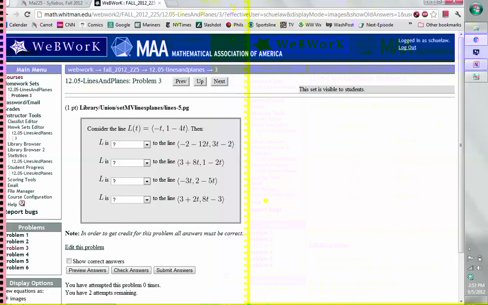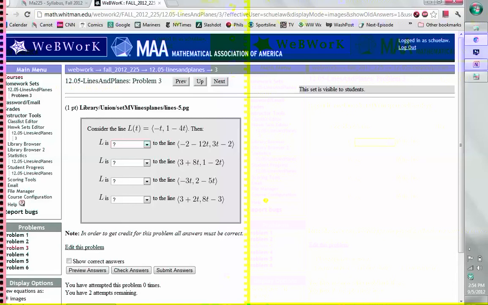So you're given a particular line and you're asked to compare it to these 4 other lines. The way that you're going to compare them is you want to figure out if the first line is parallel, perpendicular, or neither to the second line. Okay, so here's 2 lines. They're parallel. Here's a line perpendicular, and here's a line that's neither.